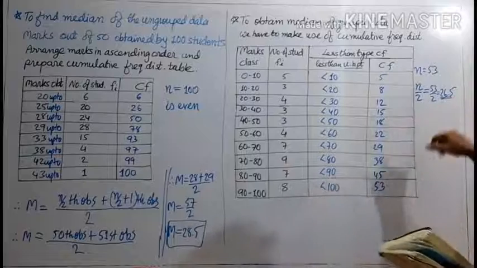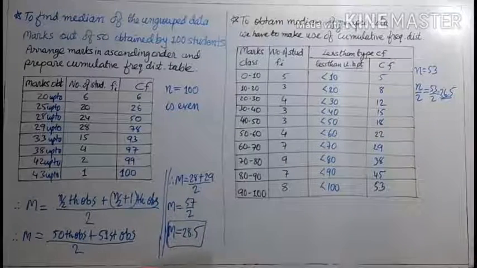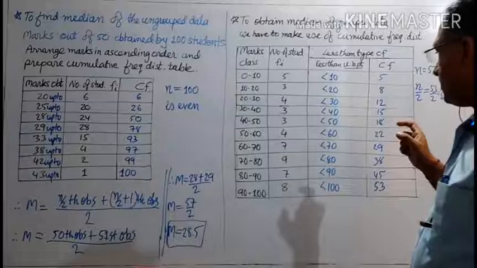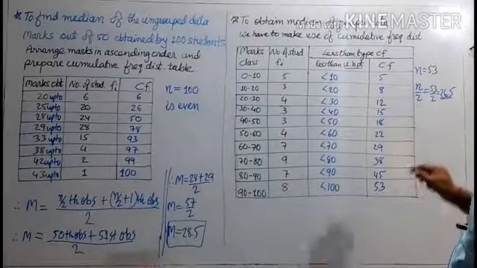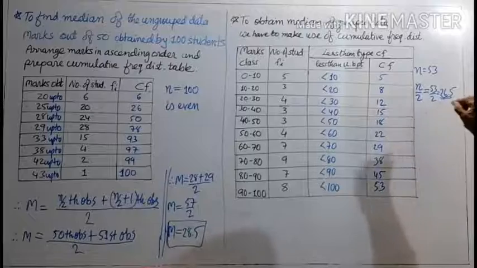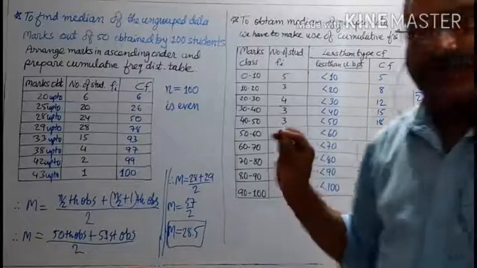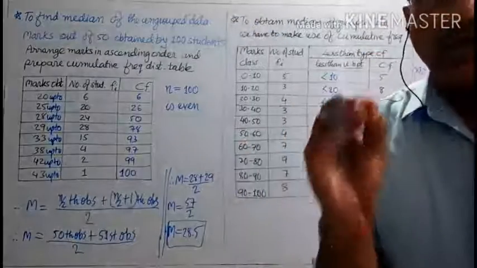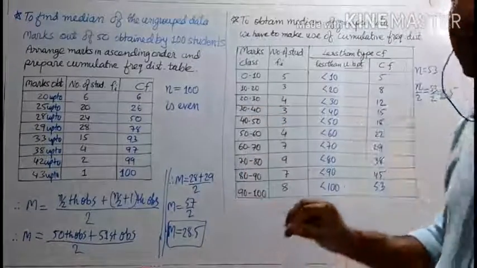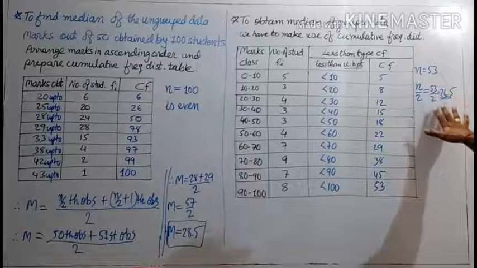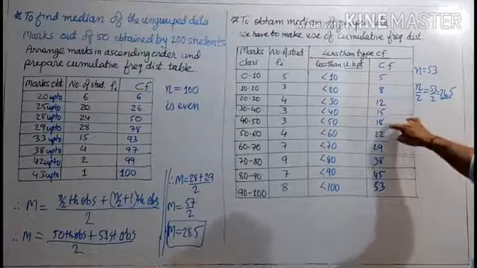Now n by 2 is 26.5. In which class does 26.5 lie? We cannot have a rank like 26.5; either we will get the 26th student or the 27th student. But here we have to consider n by 2 and the decimal.